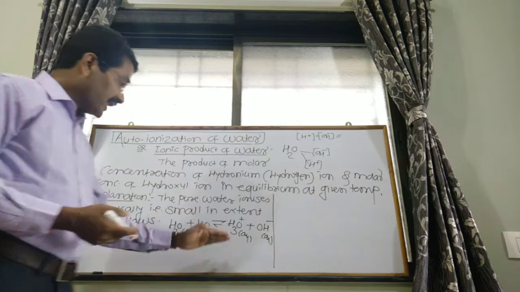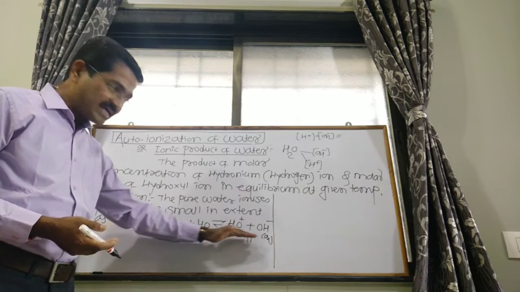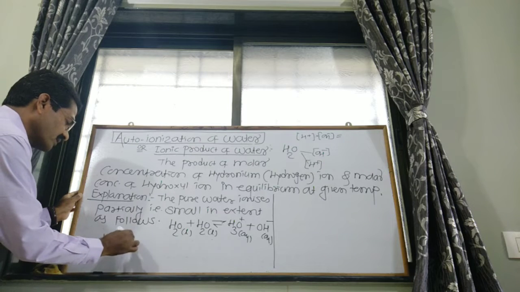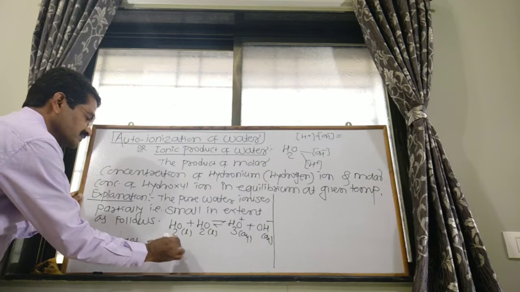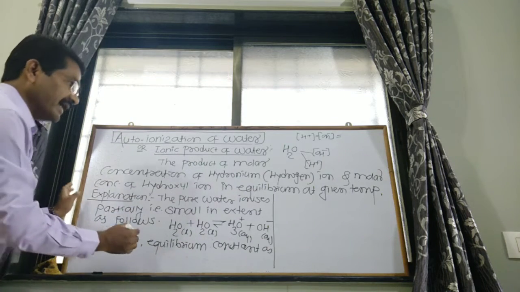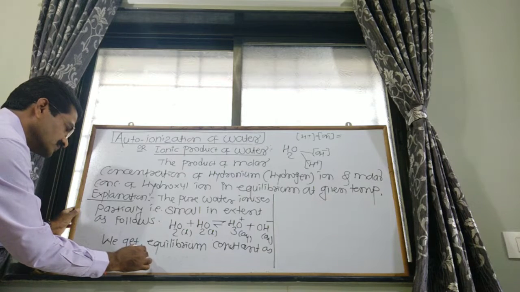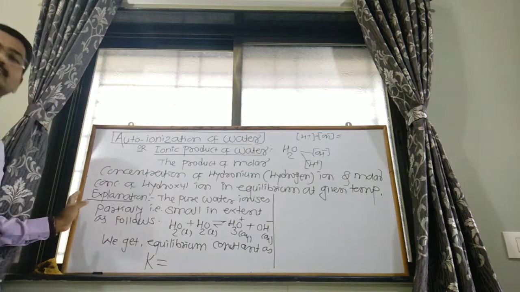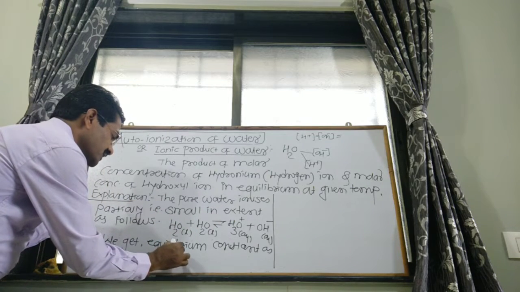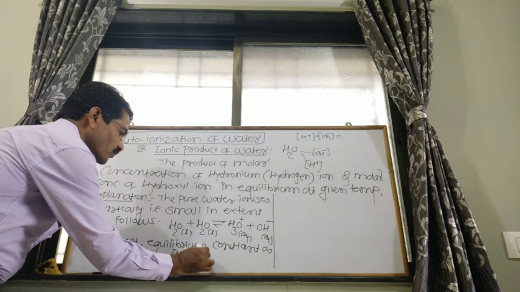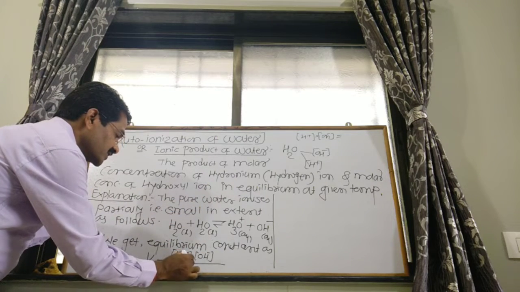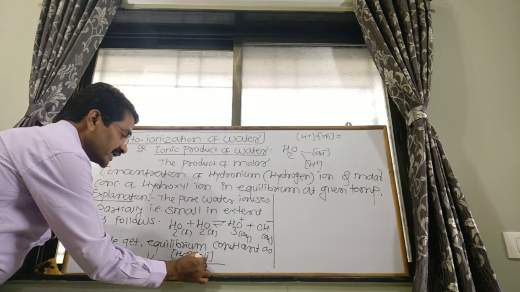This equation is obtained by applying the law of mass action. By applying the law of mass action to this equation, we get the equilibrium constant K, which is equal to the concentration of H3O plus times the concentration of OH minus, divided by the unionized molecules, H2O, two molecules taken as the square.